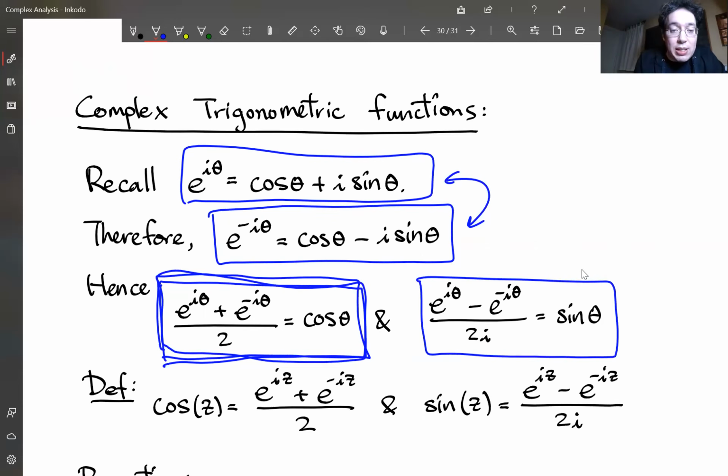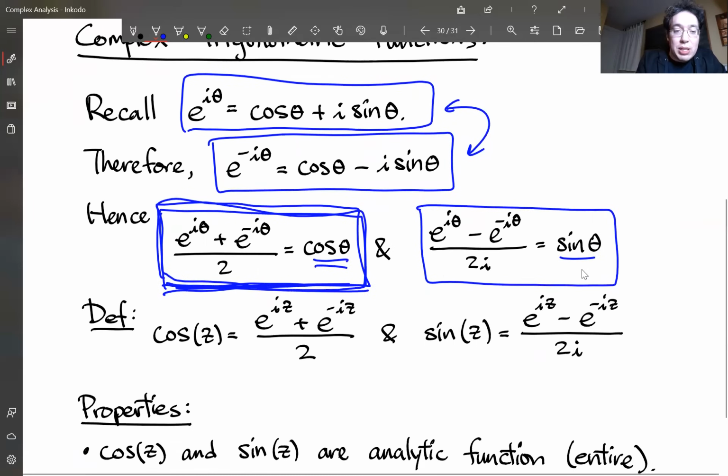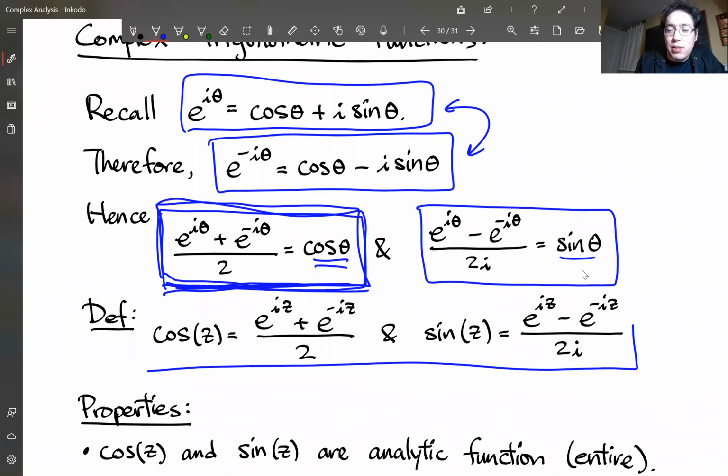So why don't we take this as a definition for cosine of a complex number? We just use the exponential function because that's already known to us. And same thing with sine. So this is going to be the new definition of our sine and cosine. These are the complex trig functions.